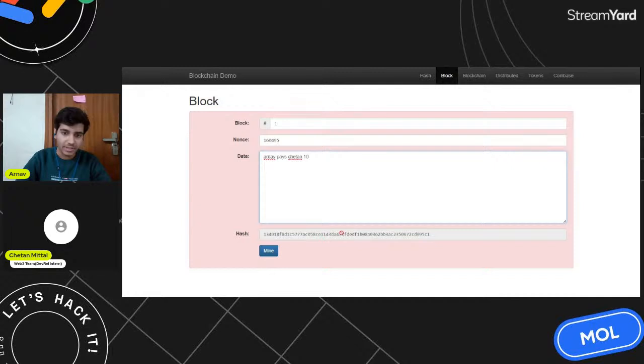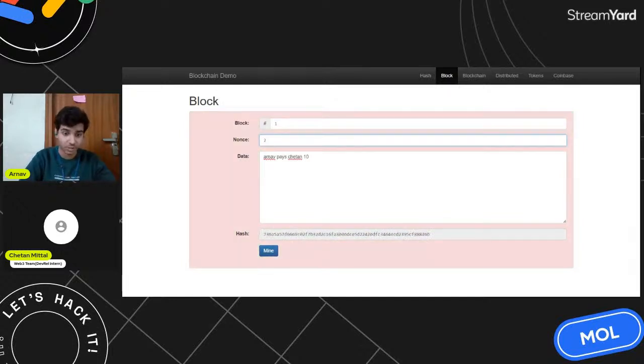So how will I generate a hash which has 4 zeros at the start? We can see that here the nonce was something else and now it just changed. So our block number would be fixed, our data would be fixed, and every miner, every node that is verifying the block, is going to change this nonce. It will go through them regularly: does it work with 1? It doesn't.